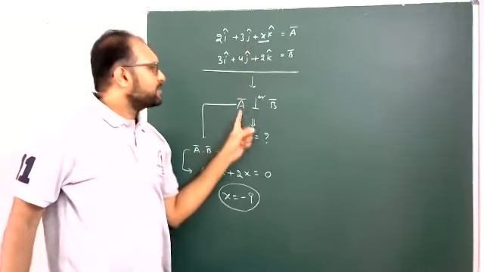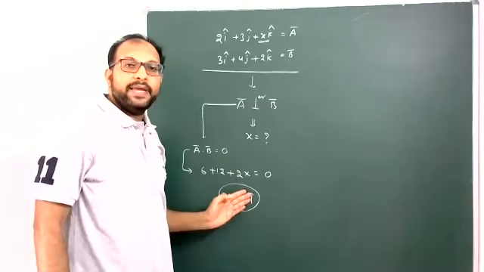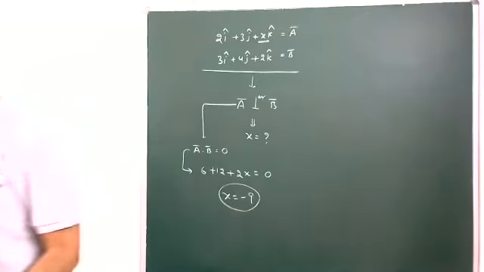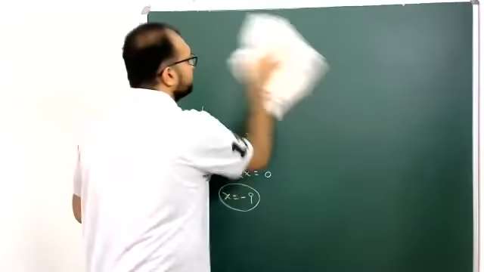So, if two vectors are perpendicular, the dot product is 0. Then the unknown value we can find out. Take that. Yes, next one more.